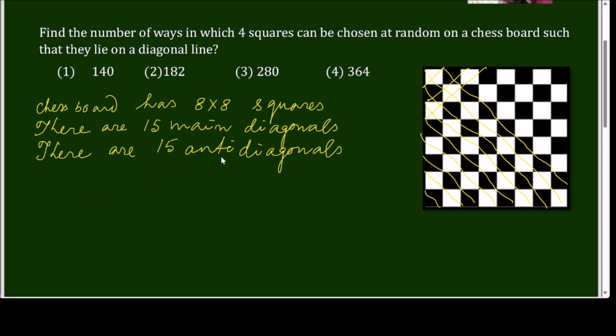So what are the lengths of the diagonals? This is 1 unit, this is 2 units, this is 3 units, and so on. The length of the diagonals ranges from 1 to 8.